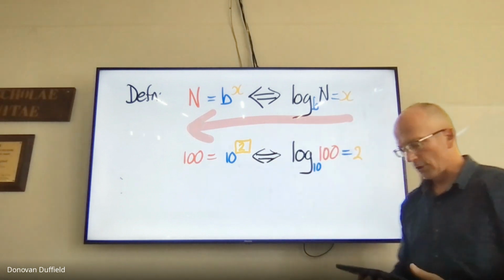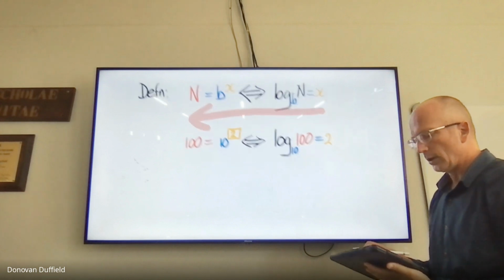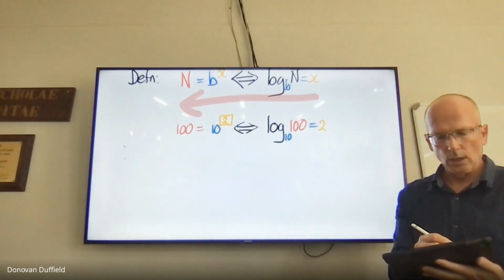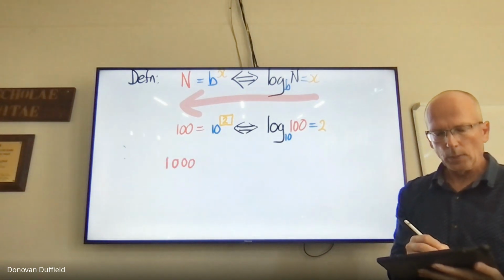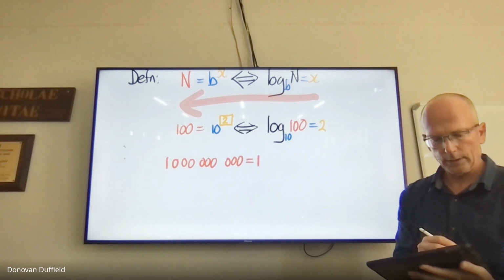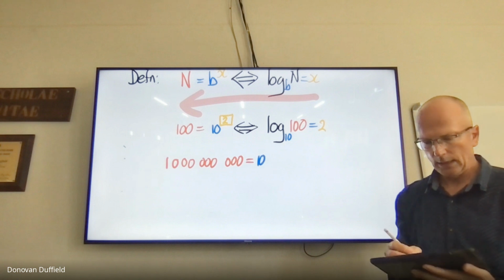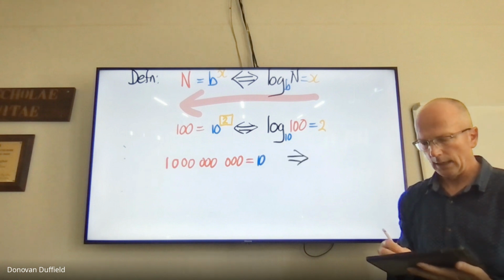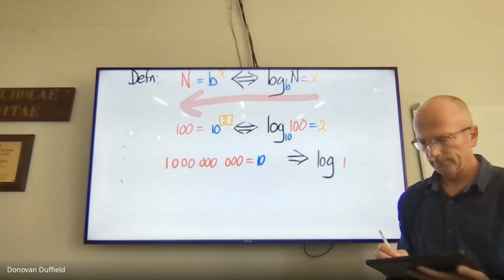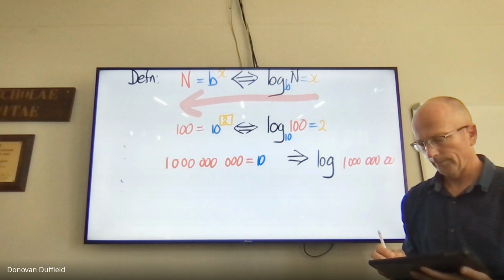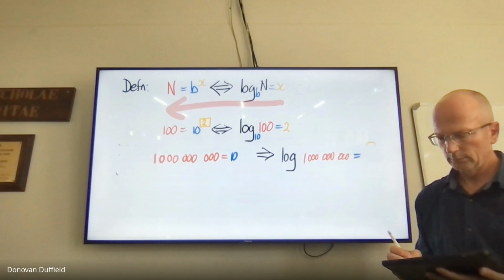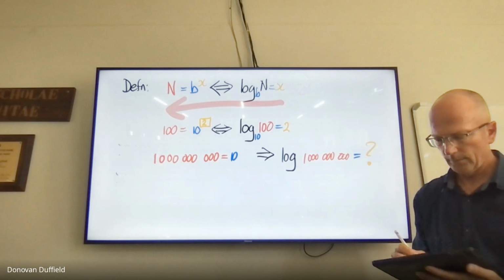So let us try something else. I want 1 billion to the power of 10, and I want you to write it as the logarithm of 1 billion equals.